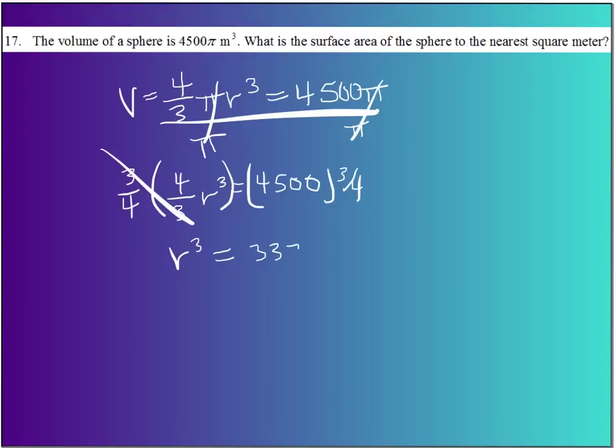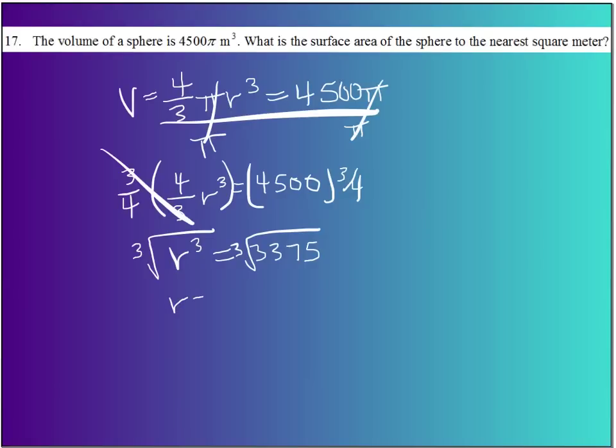I need to take the cubed root of that value. Now remember, you have to hit the second caret button so we get that little x radical. So do 3 second caret. That gives me my cubed root of 3375. My radius equals 15.